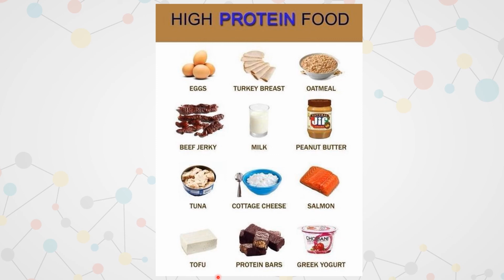Tofu or tokwa is high in protein also. Kay mga vegetarian, one of the sources of their protein is tofu. Protein bars and Greek yogurt, yung mga yogurt. So these are the foods that we can see at home that are rich or high in protein.